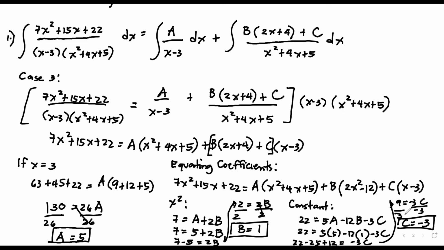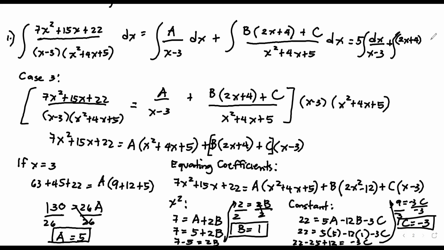So, we will have integral of 5. So, I'm going to put 5 outside na. 5 integral of dx over x minus 3 plus ang b natin ay 1. So, we'll have 2x plus 4.